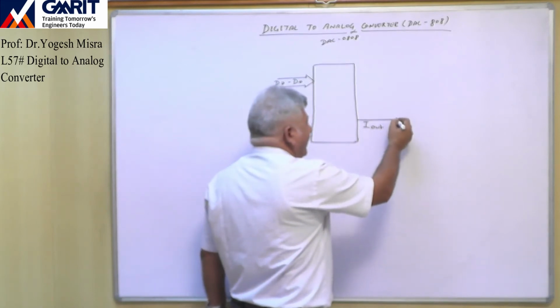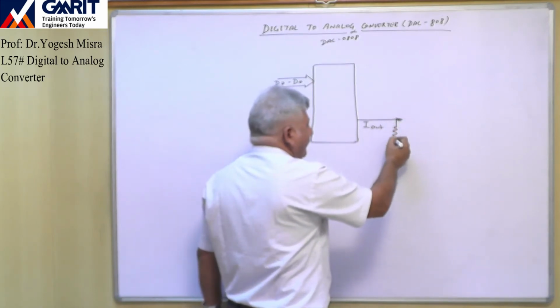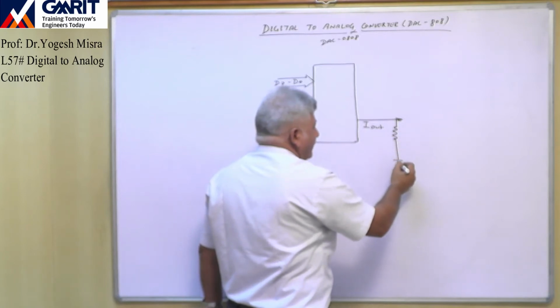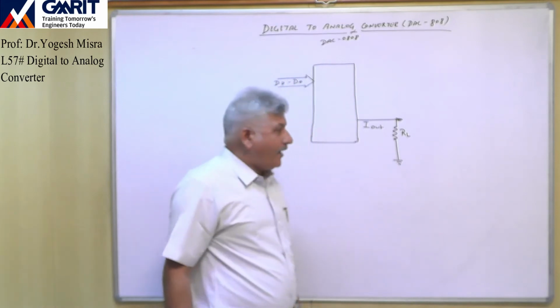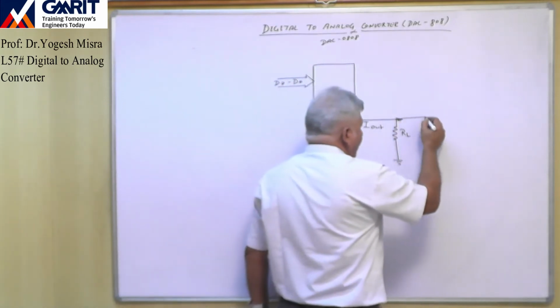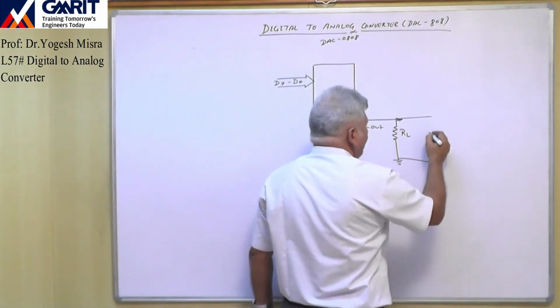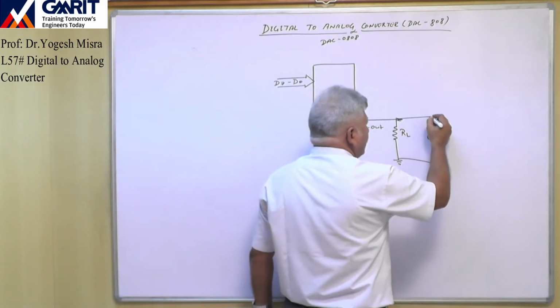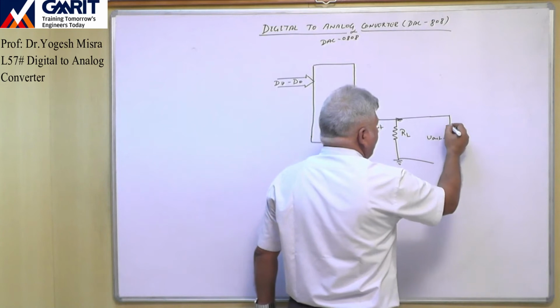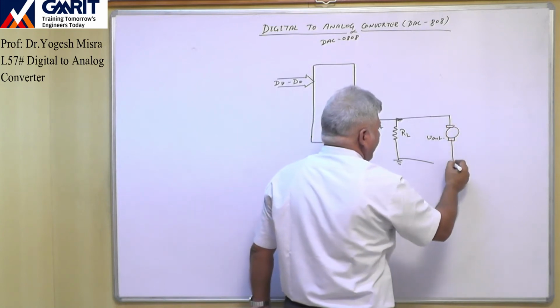For that, externally we will connect a resistor. Suppose this is the load resistor, and we take the output across this. So here we have the output, V out. This output you can use to run some motor. Here we have connected the motor.